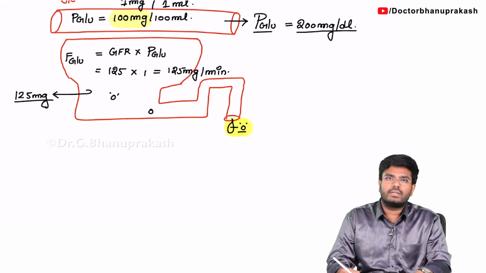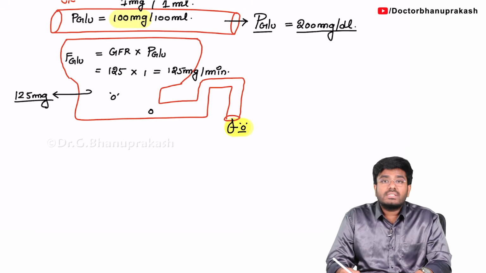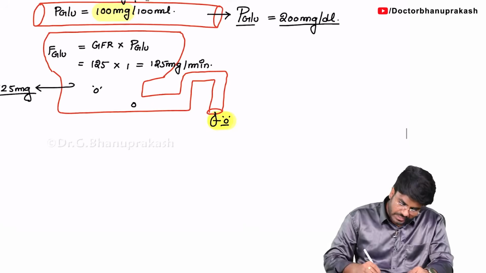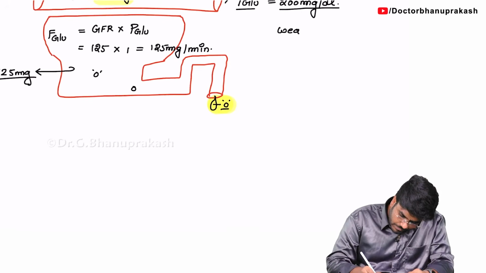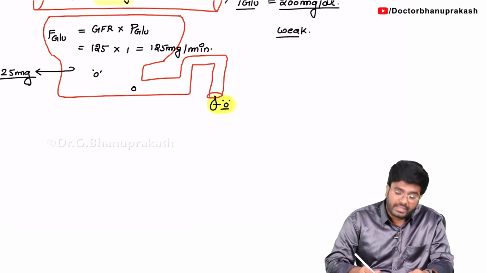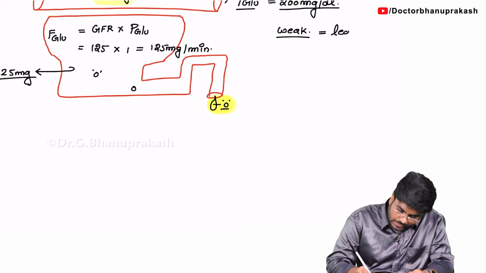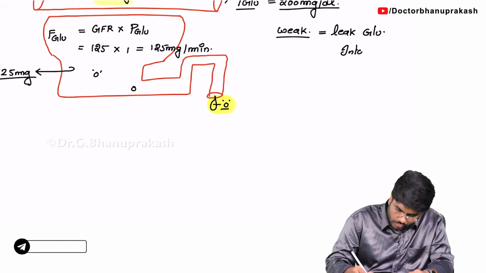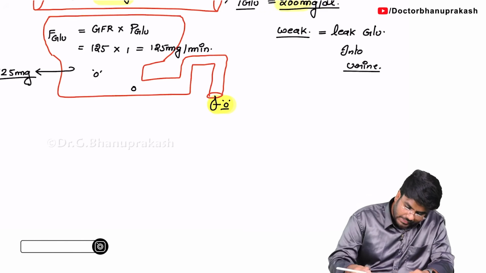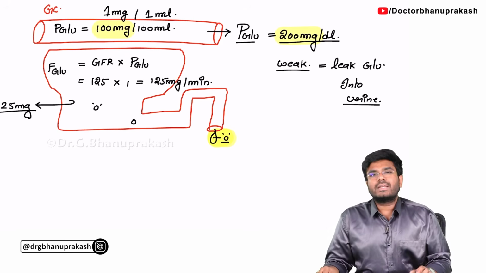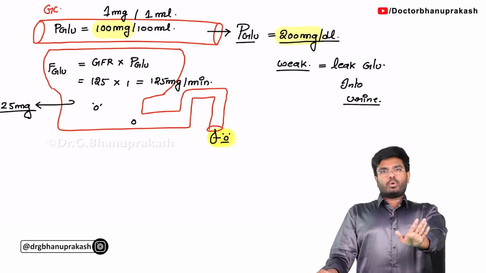Now when more glucose is getting filtered, there will be some weak nephrons. These weak nephrons will start to leak glucose into the urine. So this value is called the renal threshold value for glucose. So what is the renal threshold value for glucose? Somewhere around 200, more than 200.